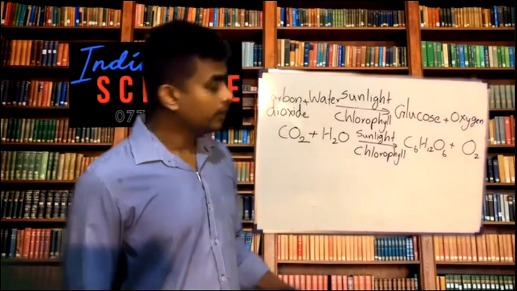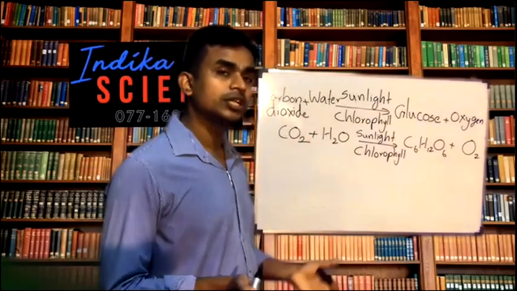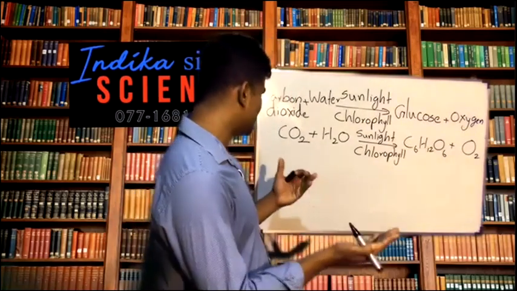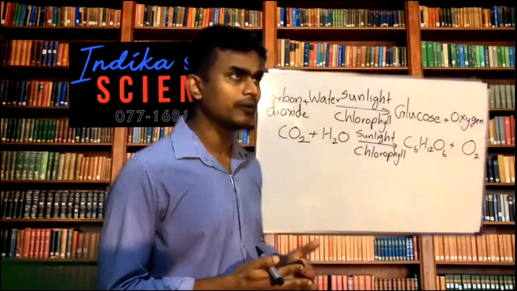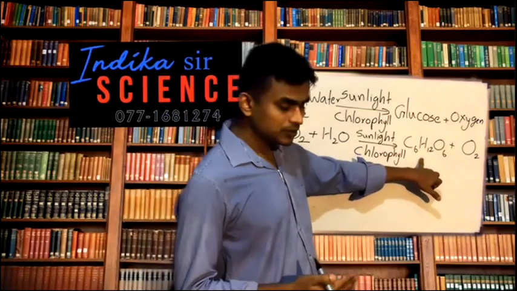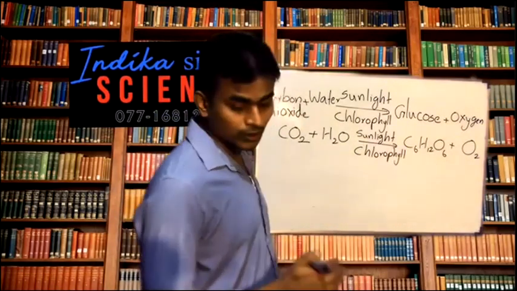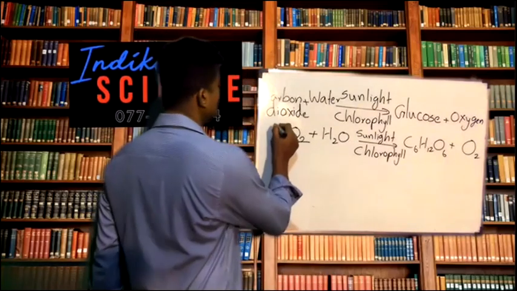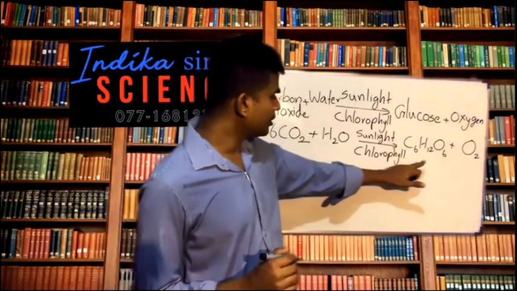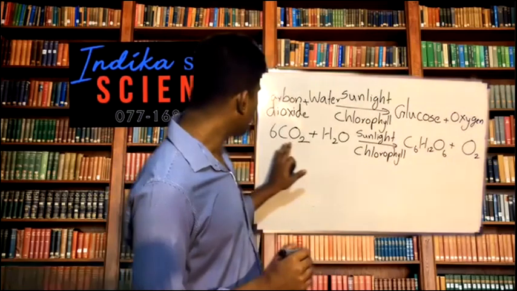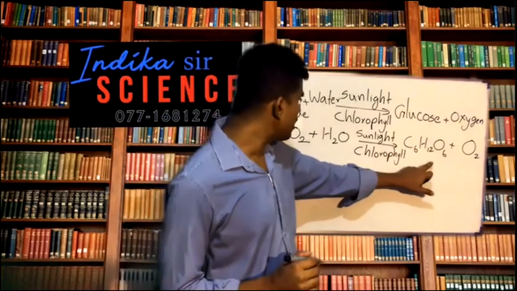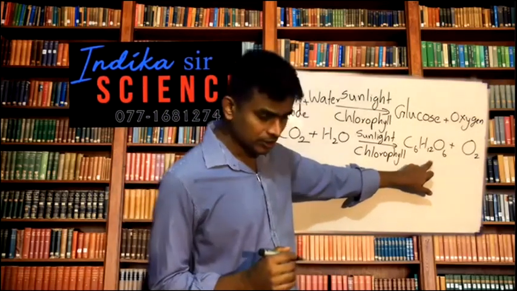And here, if you write the chemical equation for photosynthesis, what you have to do is balance both sides. We have done balancing equations in our previous terms. Here, 6 carbon atoms, so there should be 6 carbon atoms on the reactant side also, 6 here. Then for hydrogen, you can see 12 hydrogen.